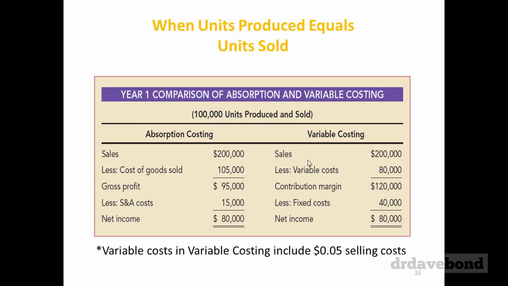Sorry, 10,000 plus 30,000 equals 40,000. All right. And you can't see that. Got a bit wibbly, but what we can see here: sales minus variable cost equals contribution margin, less fixed cost gives you profit. You still end up with $80,000 if the amount you produce and sell is the same.